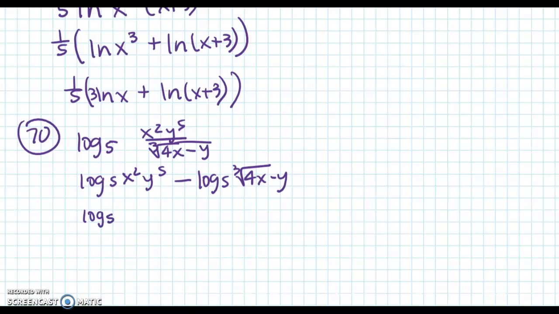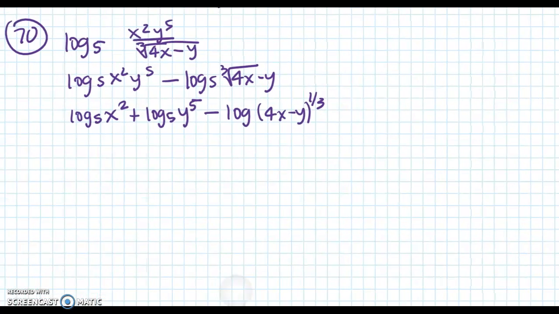So log base 5 of x squared and log base 5 of y to the 5th. And then this one we can go ahead and rewrite as a power. And then we bring all the powers out.